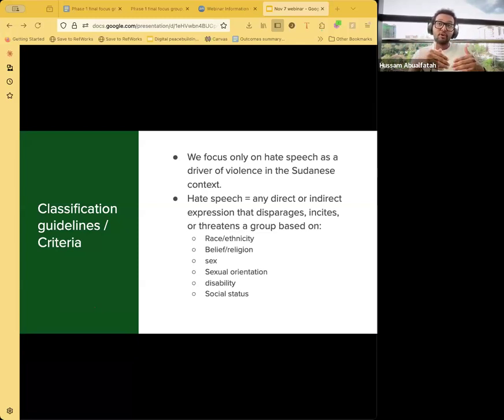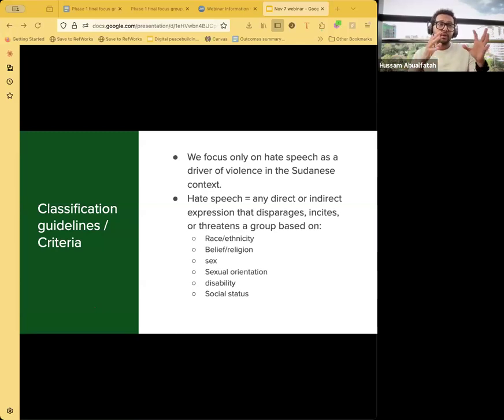Under these three main pillars, we use 10 subcategories. By the way, we developed these subcategories over time. We started with four main subcategories, and then we developed six more. They include gender hate, ethnic hate, religious hate, disability, political hate, social status, exclusion, contempt, dehumanization, and call to violence, because when you call for violence, in fact, you are spreading hate against those you want to harm.